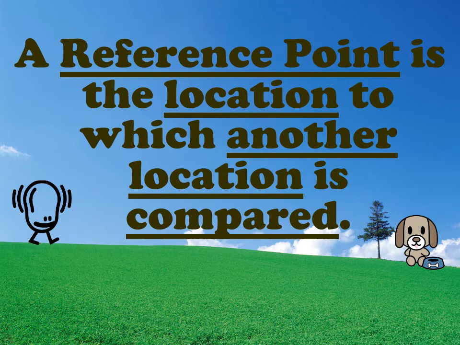So, for example, this person that's walking, they're going to use the tree or the puppy as a reference point to know if they're moving or if the puppy's moving. A reference point is really important for motion because we look at where the location of another object is and how you compare those.